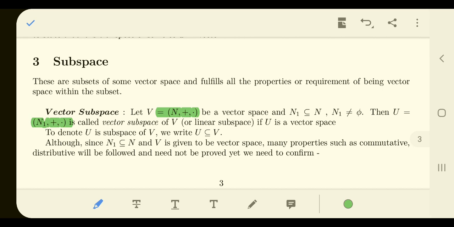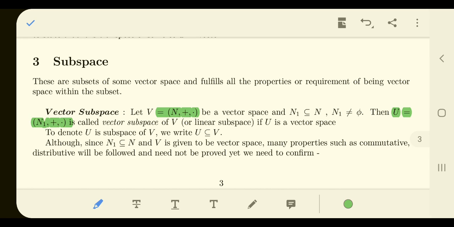The only difference is that the set of vectors in V is capital N, while the set of vectors in U is N1. Now if N1 is a subset of N and U follows all the properties of being a vector space, then U is called a subspace of V.